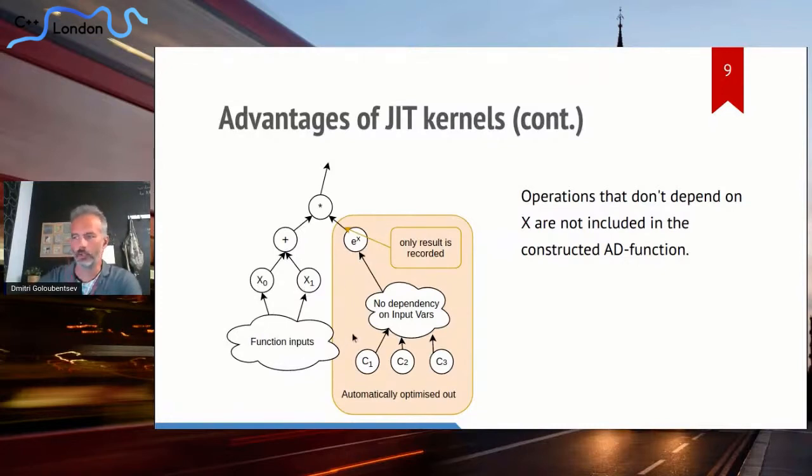So they can be cached, right? For a normal program, you have to identify where this situation takes place and think how you can cache various results. Here it's all done automatically for you. We can detect that C1, C2, C3 don't depend on X0, X1, and then you can pre-compute all the calculations that depend on these constants and hard code them in these JIT functions.